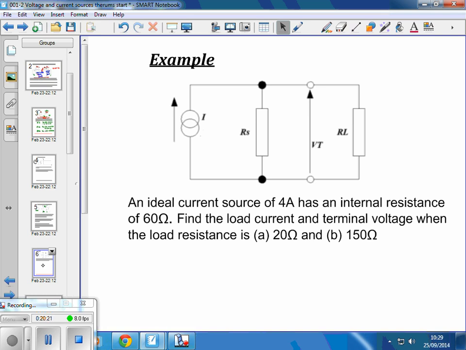So how are we going to do that? 4 amps, and the internal resistance is 60 ohms, always. When the load is 20 ohms, how are we going to find the load current and the terminal voltage?